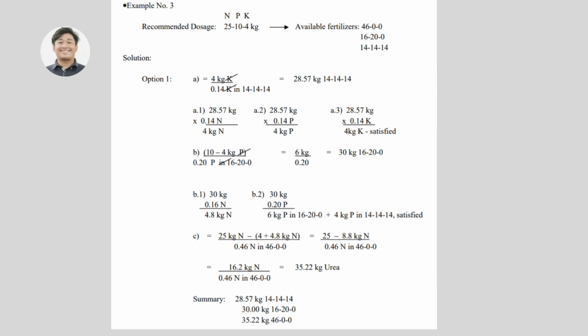So here in option 1, the recommended dosage is 4 kilograms of potash. So we'll solve it in the 14-14-14 bag. 4 kilograms divided by 0.14 in the 14-14-14 complete fertilizer is equal to 28.57 kilograms.